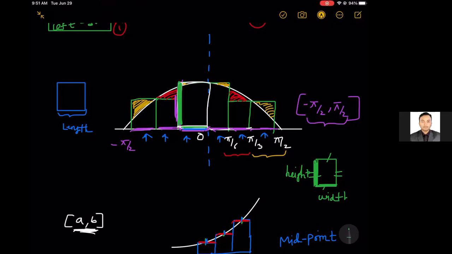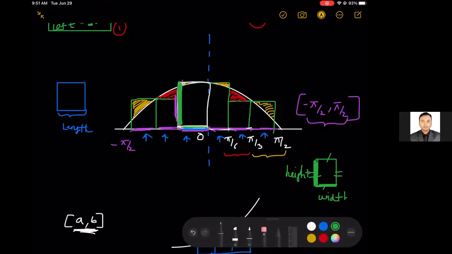Very good, exactly. This is f of x, because that's the functional value at that point. Oh, this graph looks really clumsy.